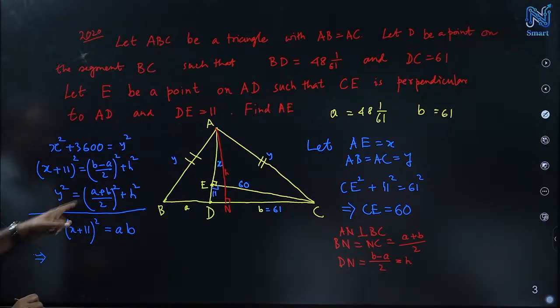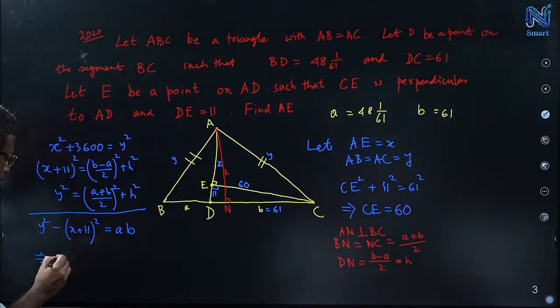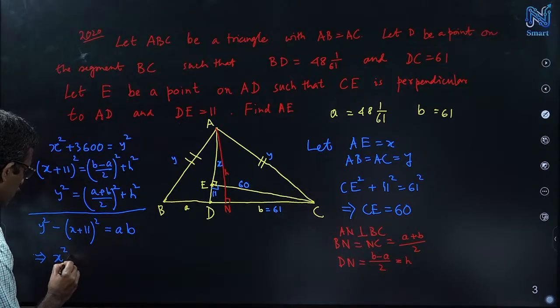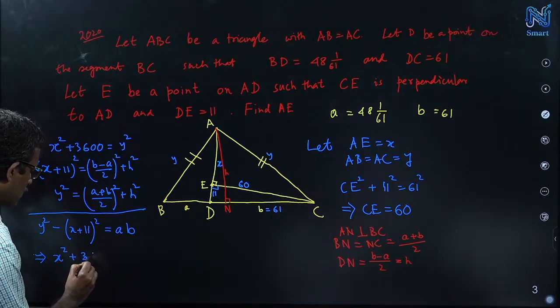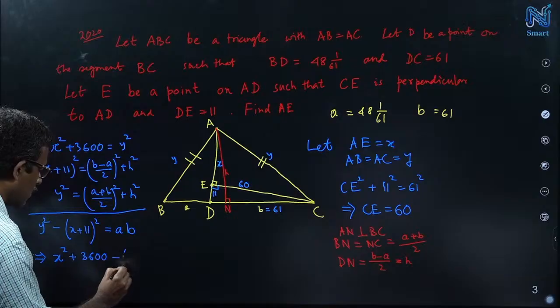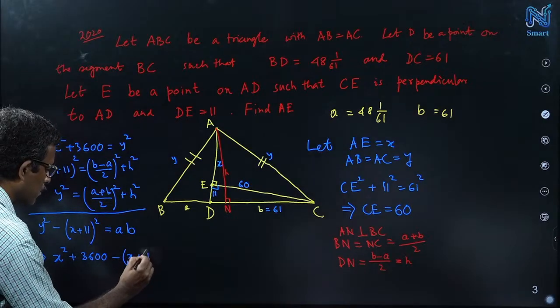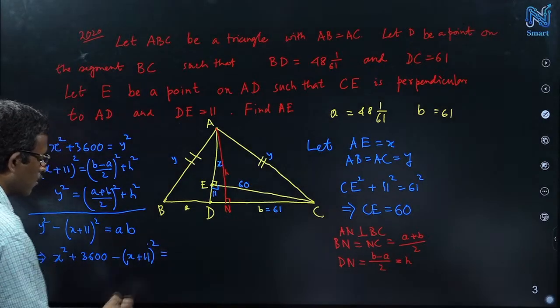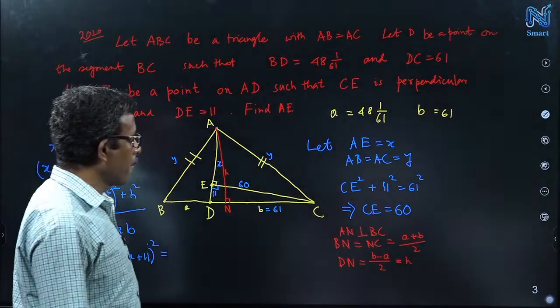So replace y square by x square plus 60 square, x square plus 3600 minus (x plus 11) whole square is equal to a into b.